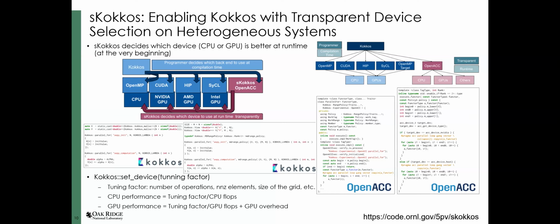And productivity can also be measured in the way that, using one single backend, how many different devices you can target or deploy on. In that sense, the OpenACC backend can be deployed on many different devices. So at these two different levels, I think the productivity is better in OpenACC.